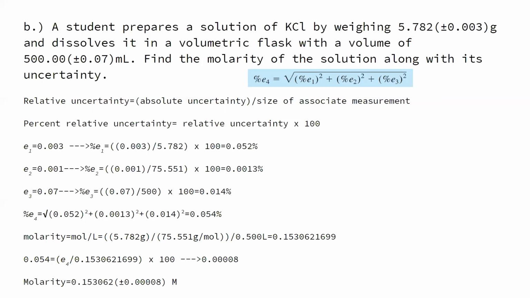Then using the significant figure rule, we can get that the final molarity is 0.153062 plus minus 8 times 10 to the negative 5 molar.